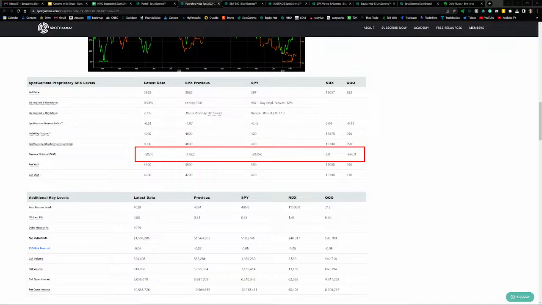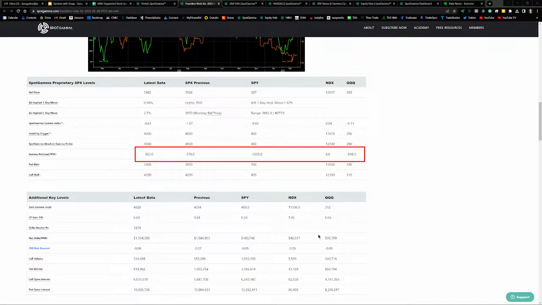When this position is negative, that means that traders are long puts, market makers are short puts, and they have to sell futures to hedge their delta exposure as price decreases. And then as price increases and implied volatility drops, they can buy back those short futures. So in a negative gamma environment, they are trading with price, and this tends to increase volatility.